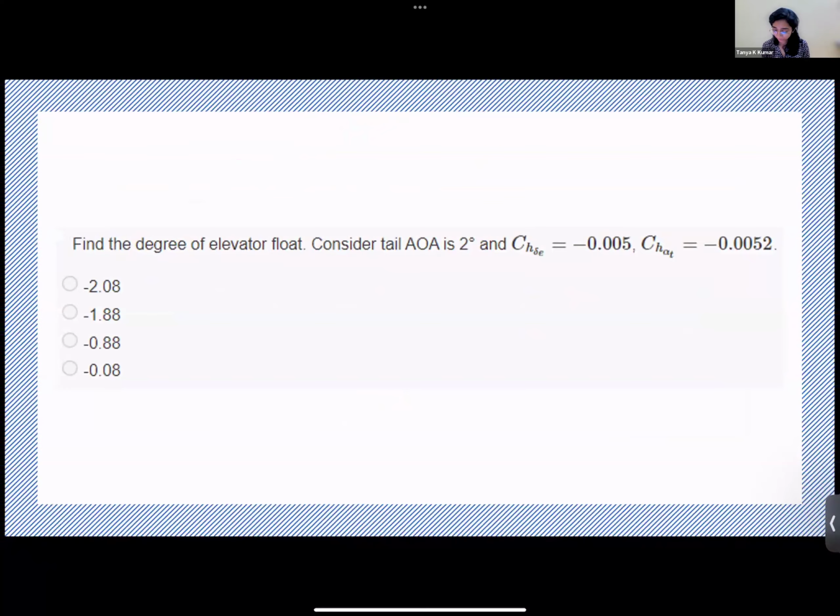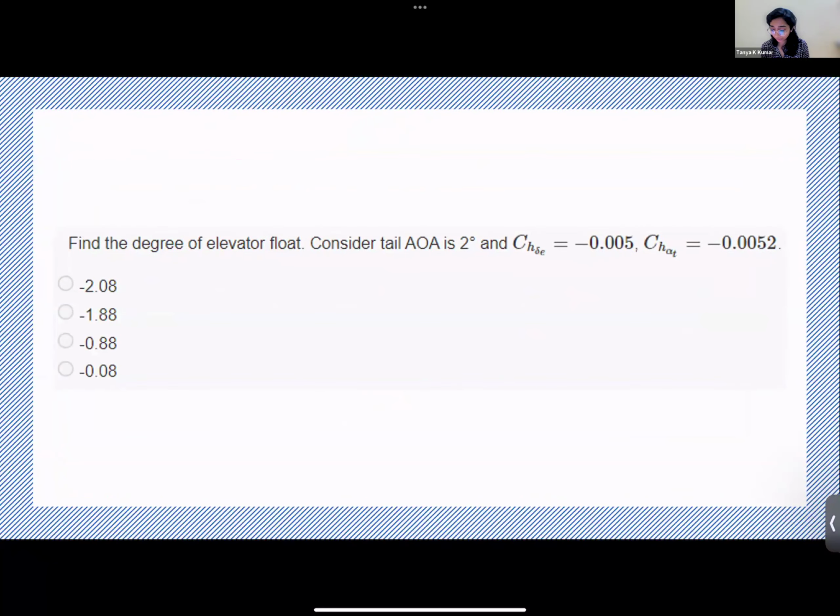Okay. Next question, find the degree of elevator float. Consider tail angle of attack is 2 degrees. CH delta E is minus 0.005 and CH alpha tail is minus 0.0052. What is elevator float? Okay, before that, what are CH delta E and CH alpha T?